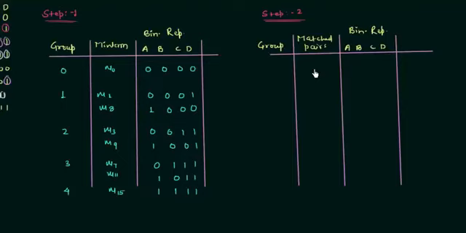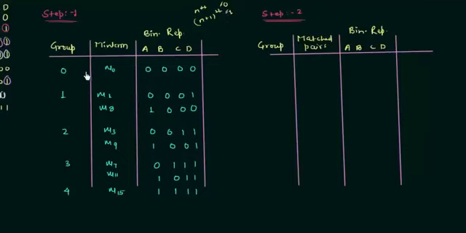This is a new term and very important in the tabular method. The matched pair we obtain when we compare the nth group with the n plus 1th group. If 0 is the group, then 0 plus 1 is 1, and we have to compare group number 0 with group number 1, and we will obtain the matched pairs.